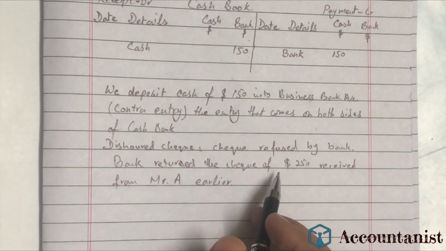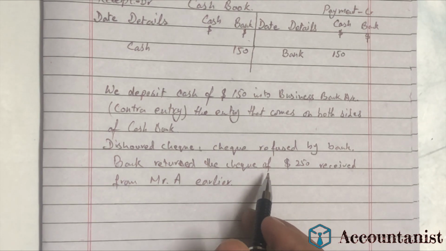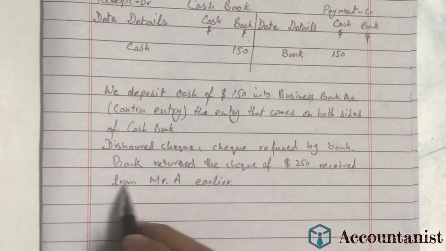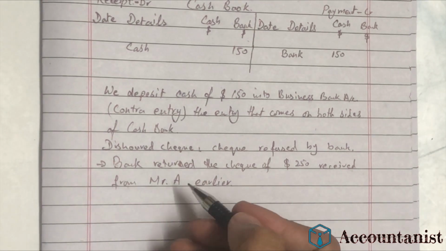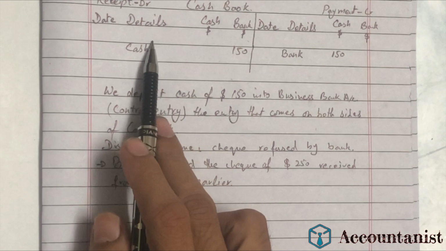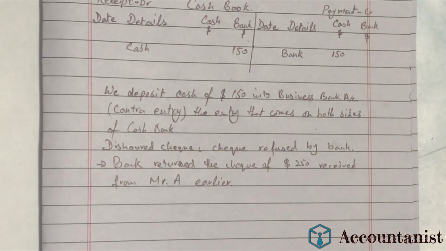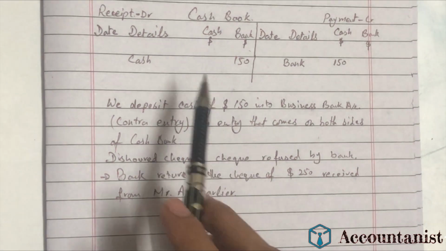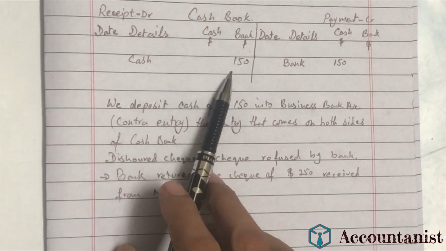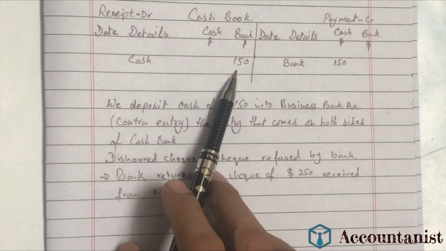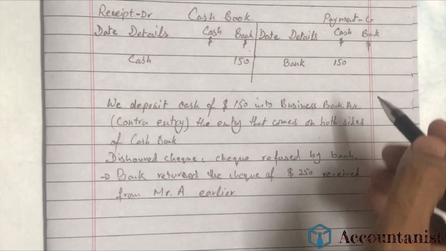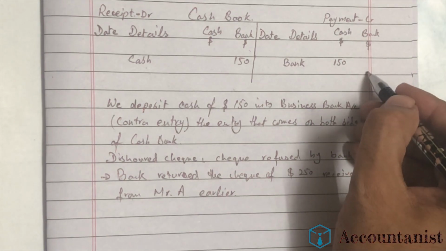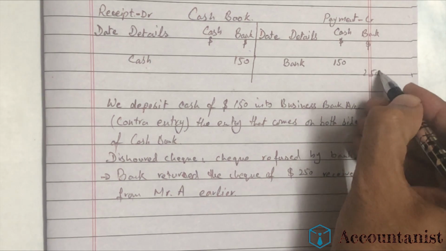To record this transaction, we must consider that once we receive this check from Mr. A, we record it on the debit side, here on the receipt side, because we receive this check and our bank balance goes up. Now once our check is returned, meaning dishonored, we have to record it here on the credit side with the amount of 250, because the bank balance is going to be reduced again.